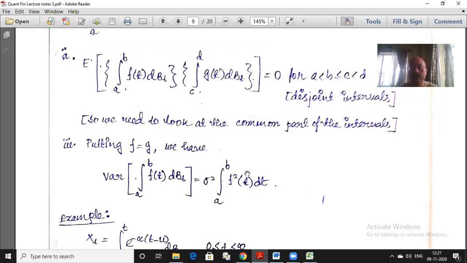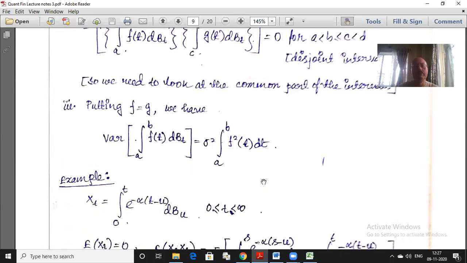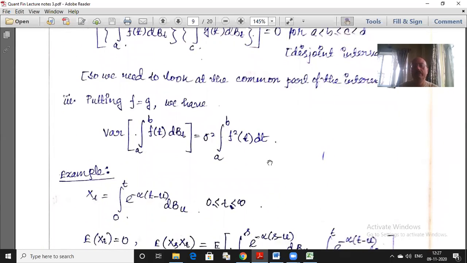And that is now given by sigma squared times the integral of f squared dt. This application is more important because, as I said, we are working with normal distribution. So in the end, we calculate expectation and variance. So to calculate variance of dB integrals, I have a nice formula.